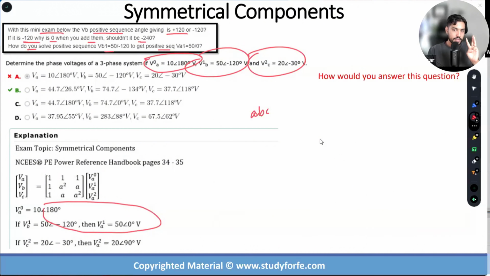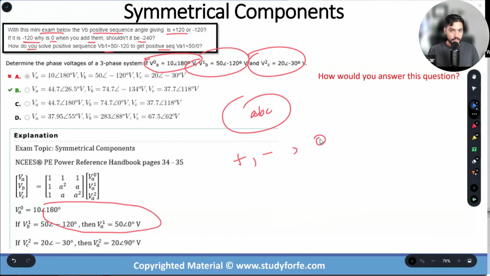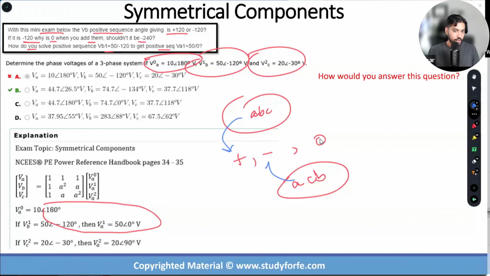If I have an ABC system and I tell you that my system is balanced, which one will it have? Positive, negative, or zero? ABC will have a positive sequence. If I tell you that I have an ACB sequence like in Texas, which one of these three will it have? Negative.